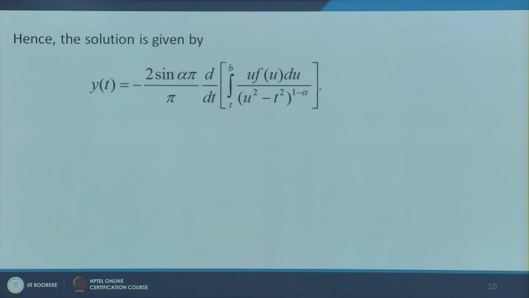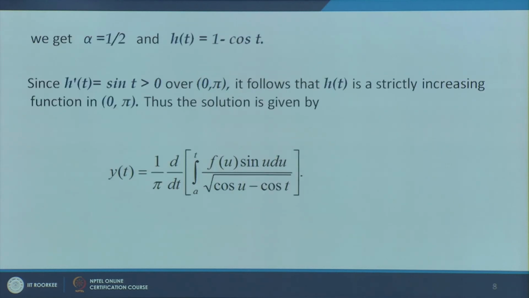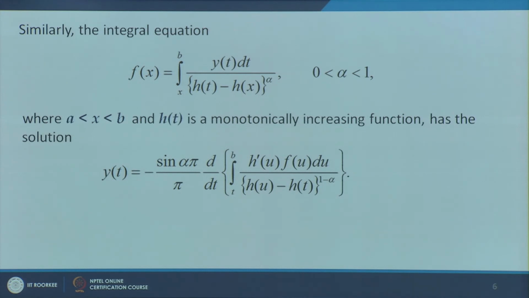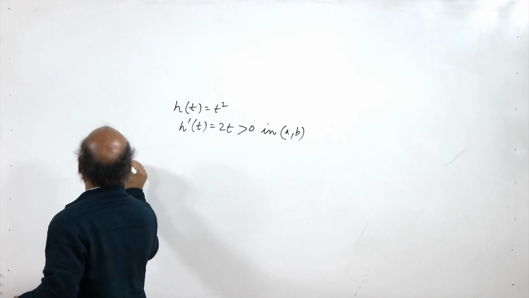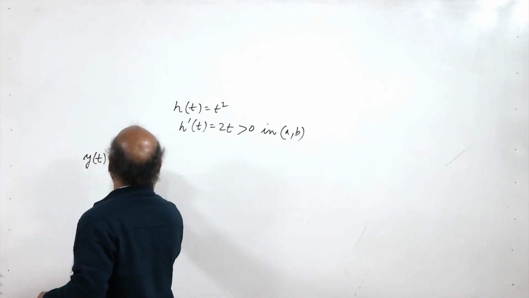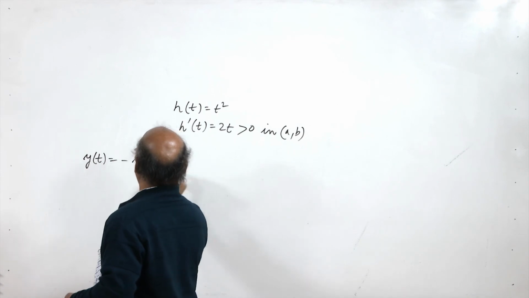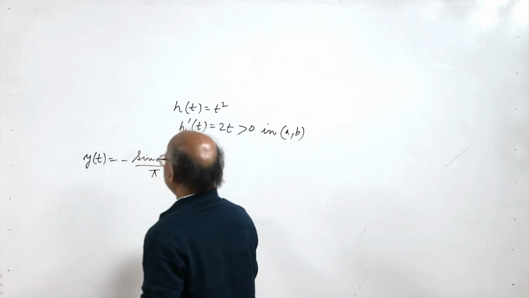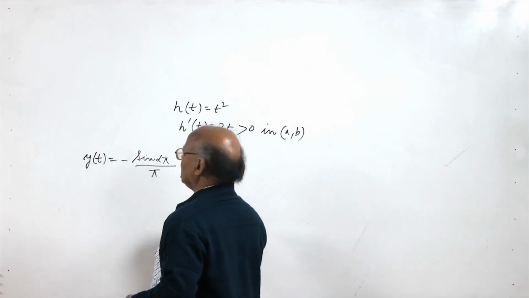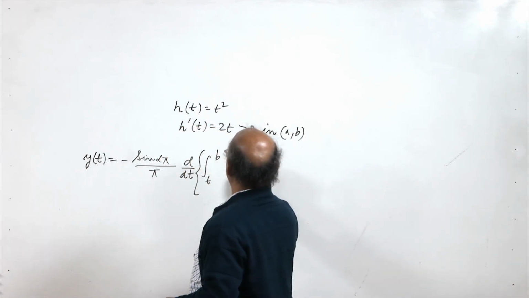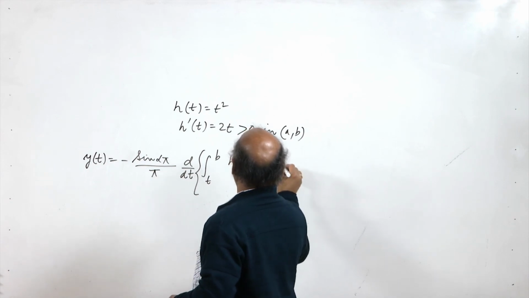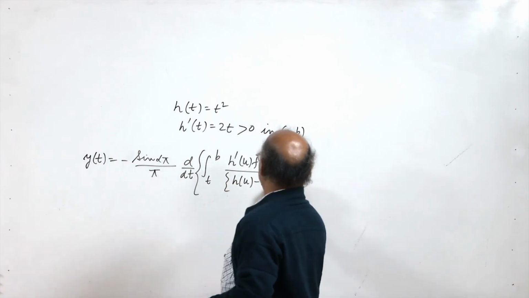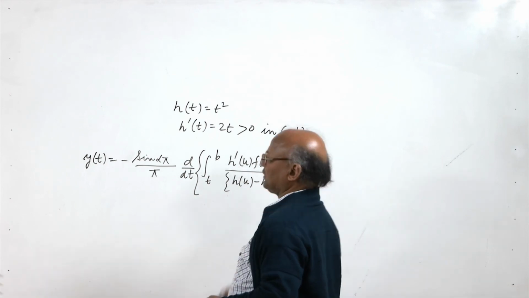The solution of this integral equation let us find by the formula: φ(t) is equal to minus sin(alpha pi) over pi, d over dt of the integral from t to b of h prime(u) f(u) du divided by (h(u) minus h(t)) raised to the power 1 minus alpha.